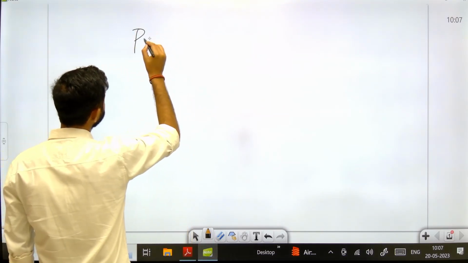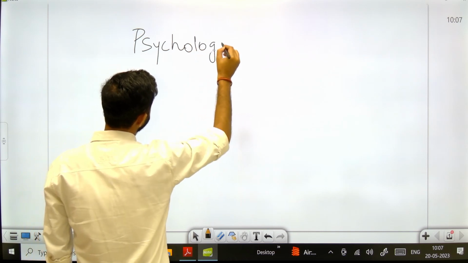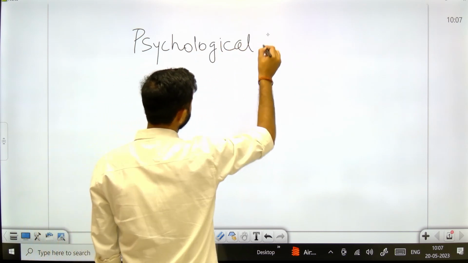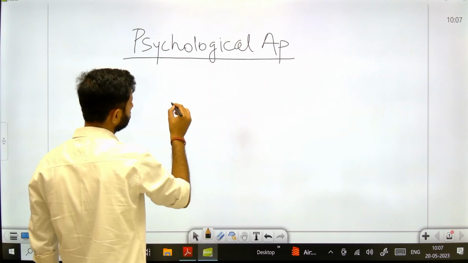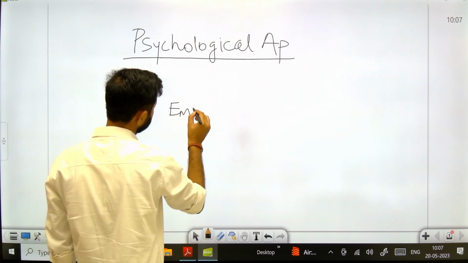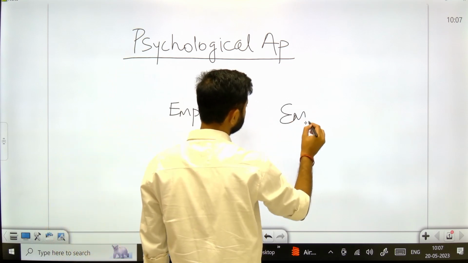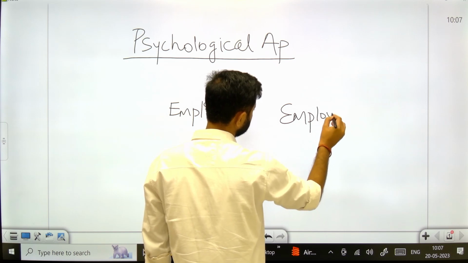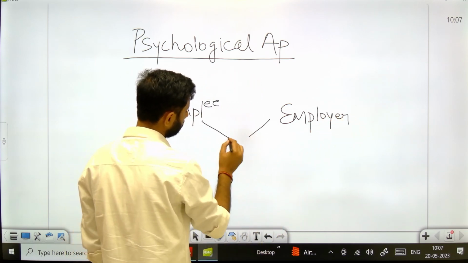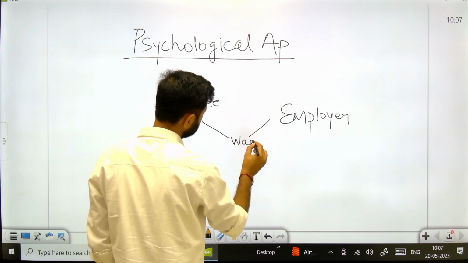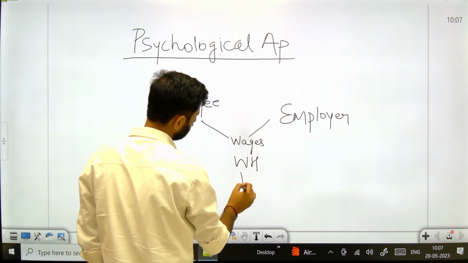Suppose there is the employee and there is the employer. They discuss wages, working hours, and working conditions.